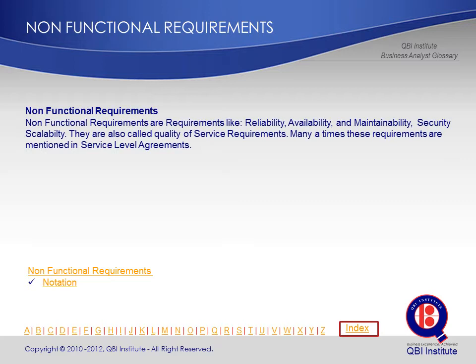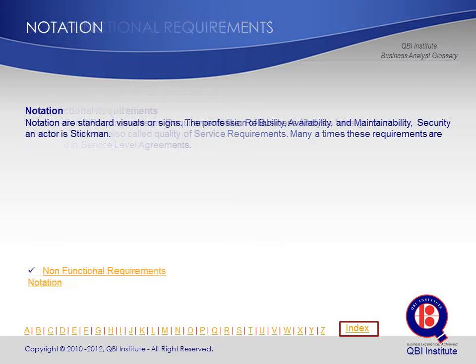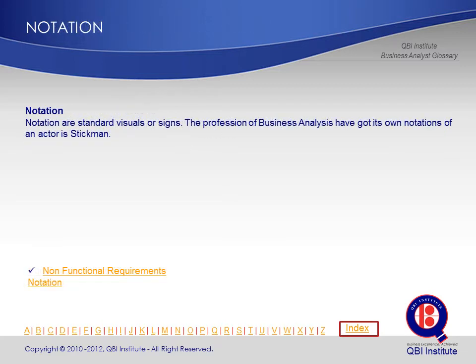Many a time these requirements are mentioned in service level agreements. Notation. Notations are standard visuals or signs. The profession of business analysis has its own notation; the notation of an actor is a stickman.